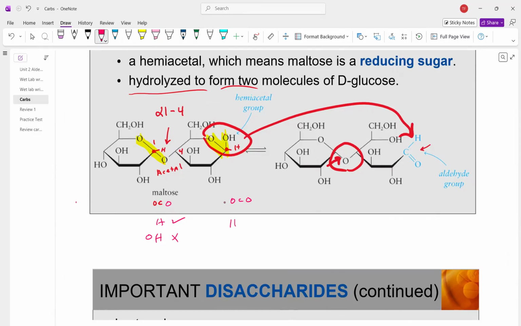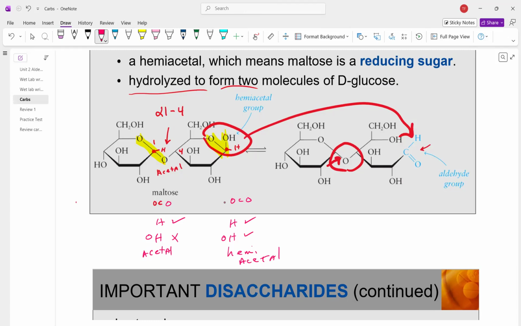It has an H and an OH. So this is a hemiacetal. So the hemiacetal can open up, expose the aldehyde.